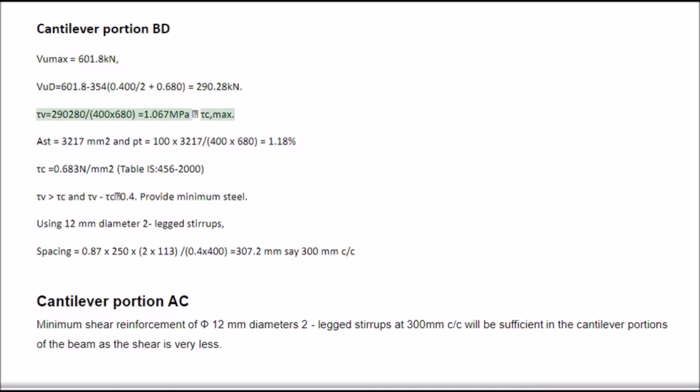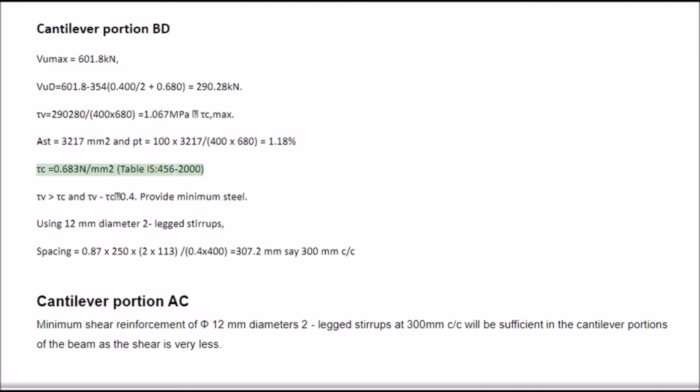Tau v equals 290280/(400 x 680) equals 1.067 MPa, tau c max. Ast equals 3217 mm² and pt equals 100 x 3217/(400 x 680) equals 1.18%.